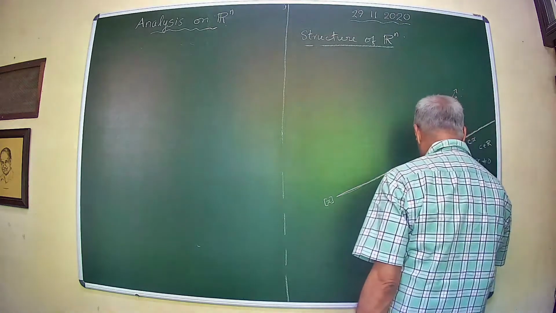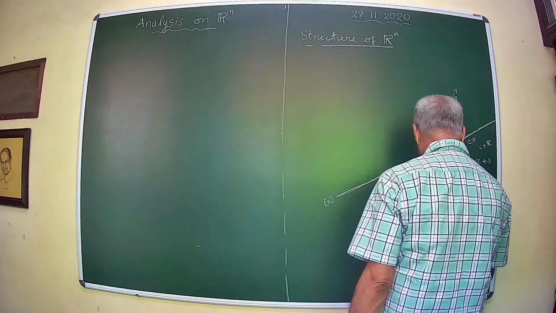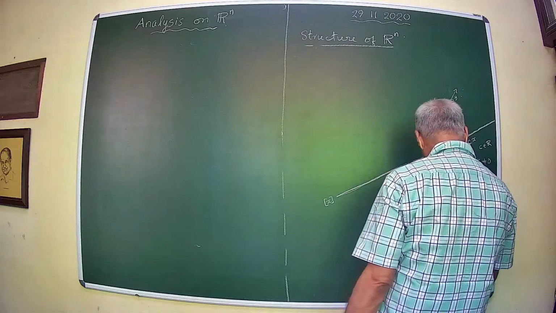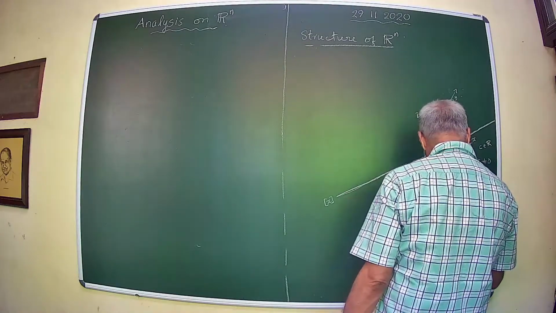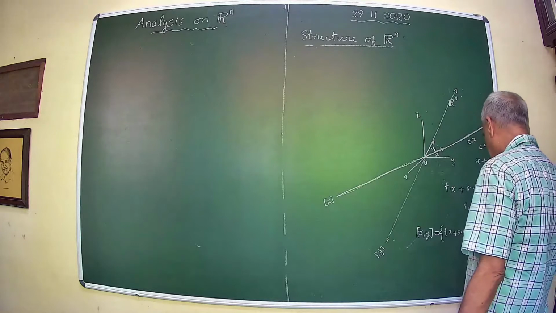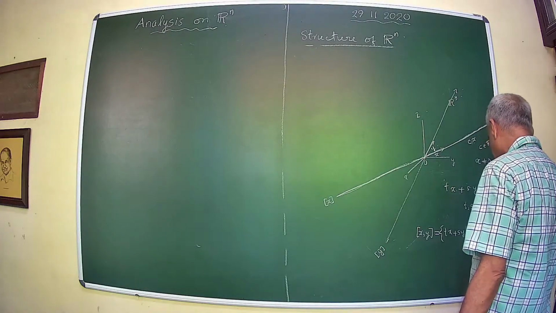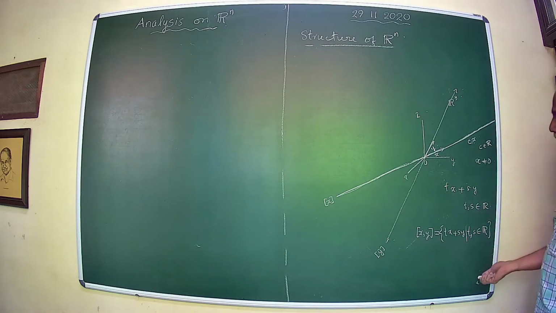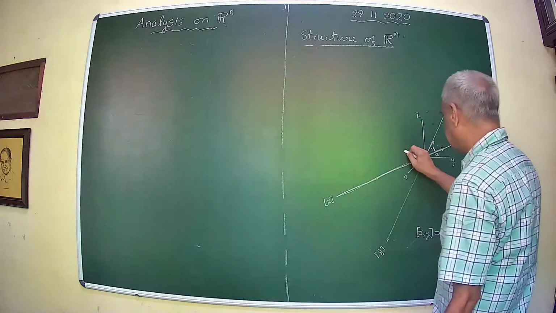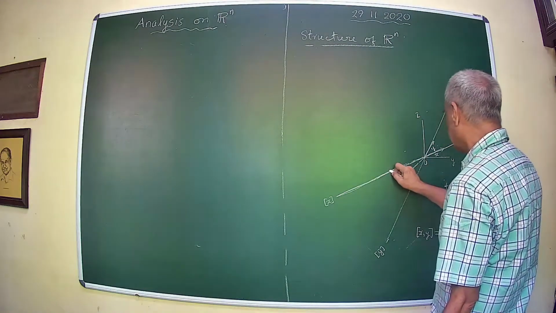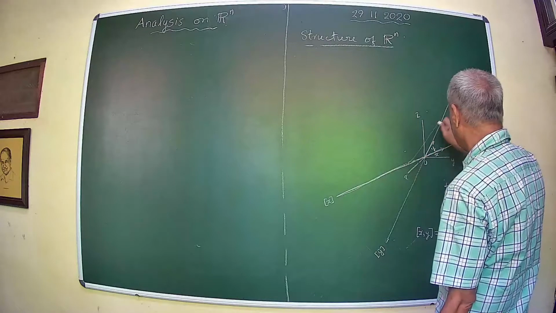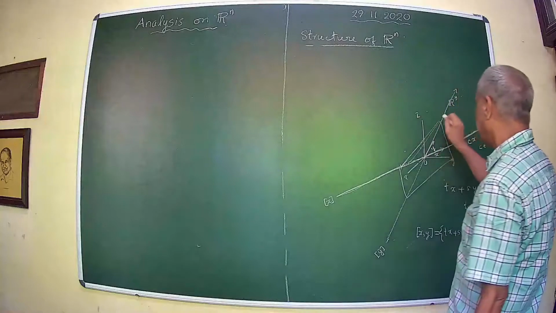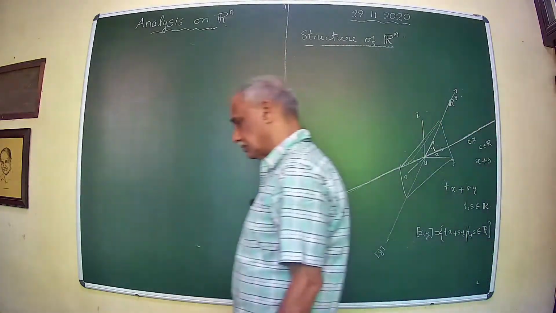Let me denote it by [x, y], the set of tx plus sy, t, s belonging to R. What is this set? You see that it is the plane generated by these two vectors.